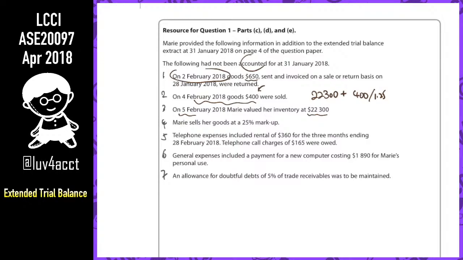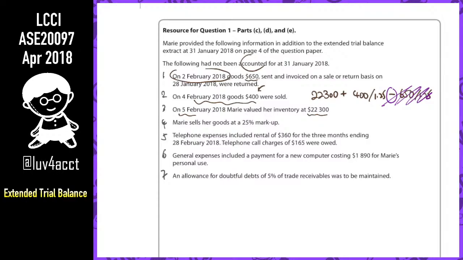And then we have to deduct the amount of 650 divided by 1.25. Why do we have to deduct? The goods are returned to us, so it is good that we have counted it. Why minus? Anyway, I won't use this because I think it is incorrect.